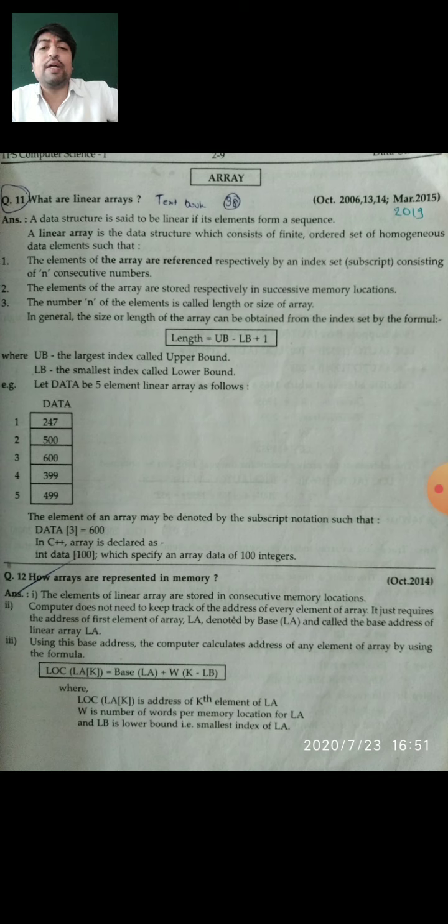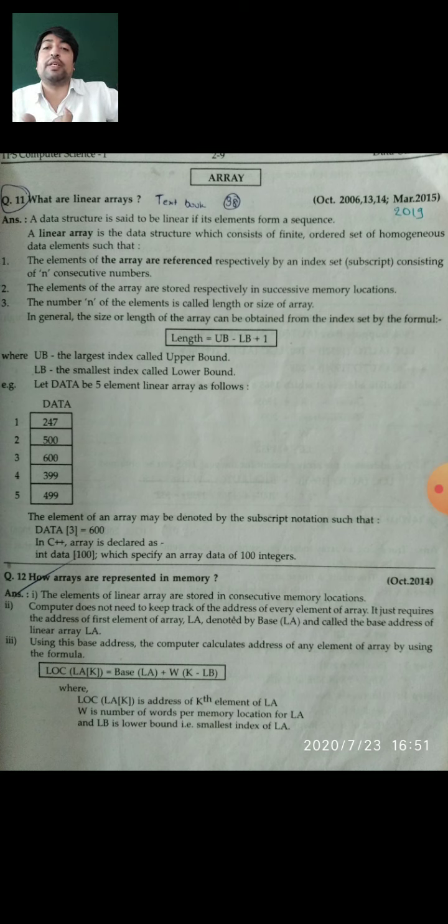So from that we can easily imagine the representation of the array. If we want to represent that array in memory, then first of all we have to know about the base.